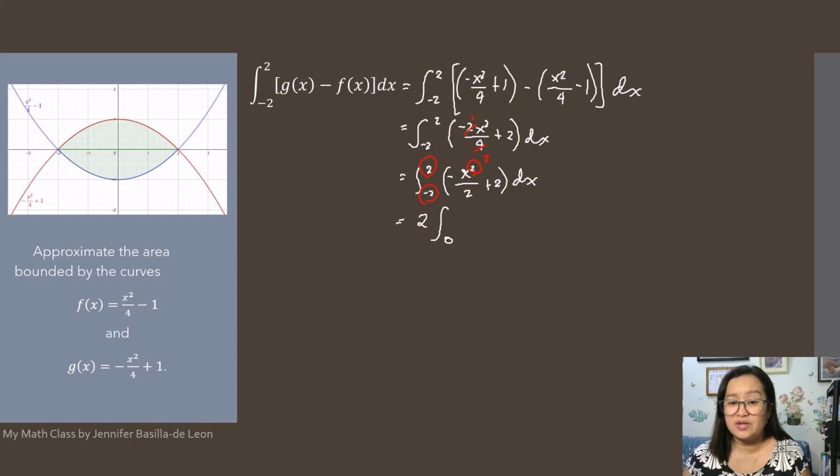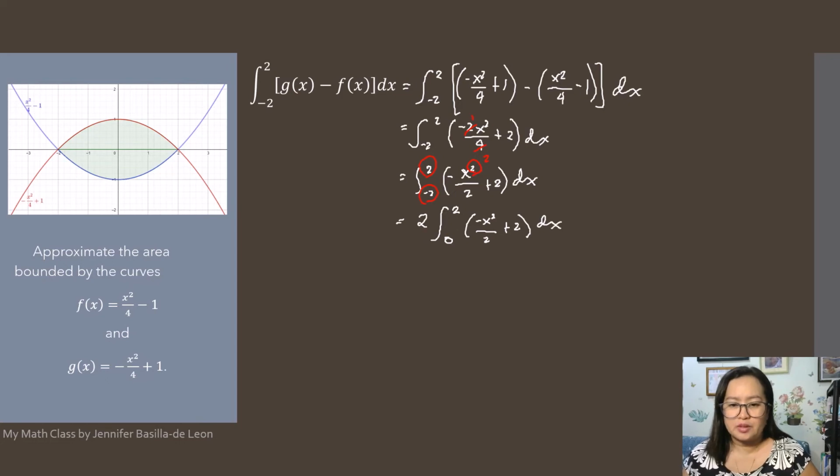So instead of negative 2 in the lower limit, we will have 0 and the upper limit is 2, and we just multiply everything by 2. So we will have negative x squared over 2 plus 2.